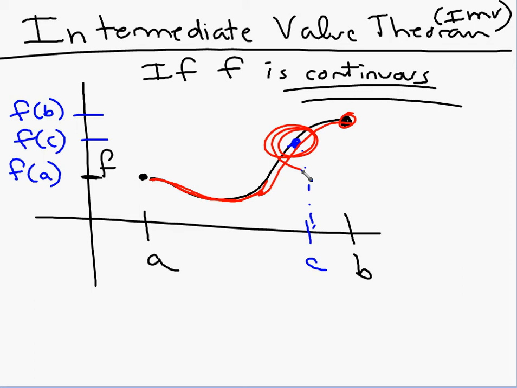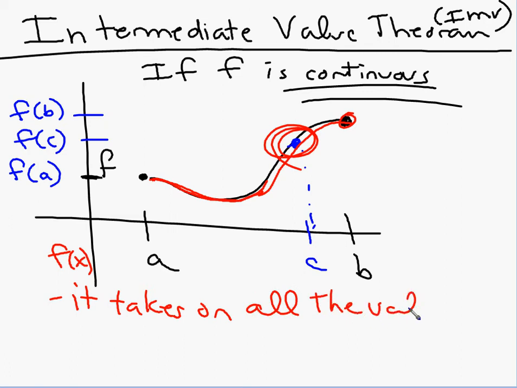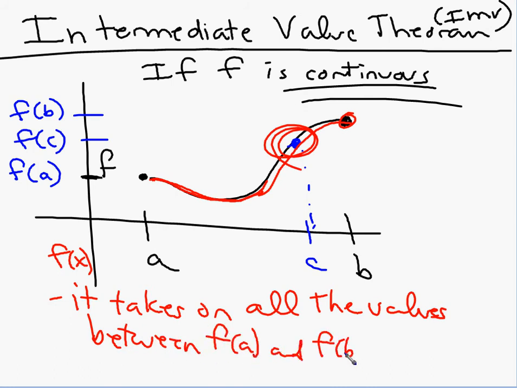So, in other words, it takes on all the values in between. The function, f of x, takes on all the values between f of a and f of b if it is continuous.